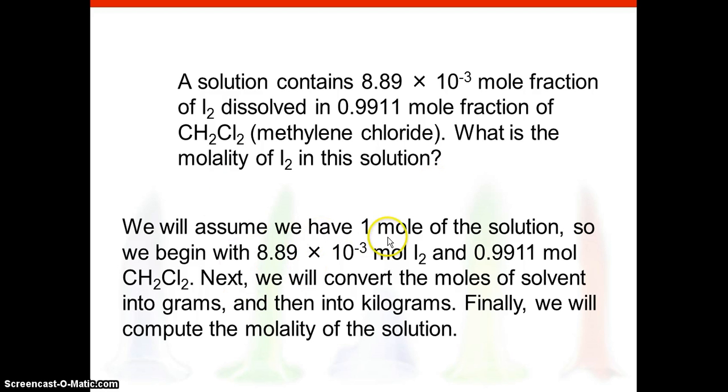So we'll assume we have 1 mole of the solution, and we begin with 8.89 times 10 raised to minus 3 mole of I2 and 0.9911 mole of CH2Cl2. Next we'll convert moles of solvent into grams and then into kilograms, and then we compute molality.